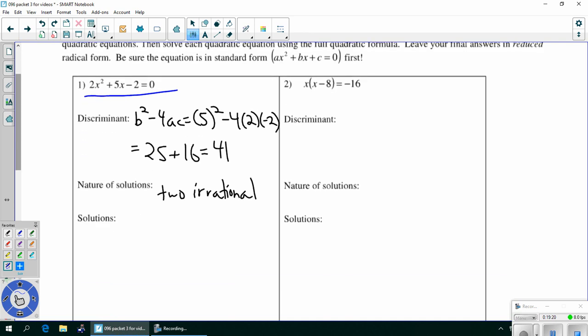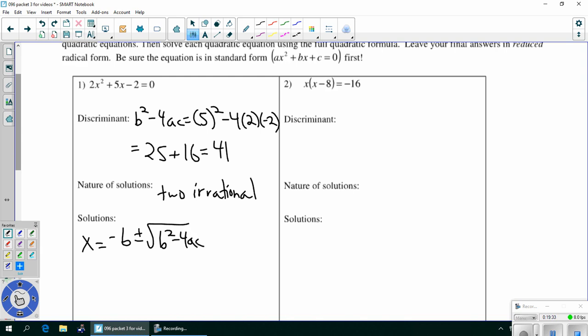And then the next thing says actually calculate the solution. So I'm going to show you, I'll just get this one started here. Remember the quadratic formula, negative b plus or minus square root b squared minus 4ac, all divided by 2a.